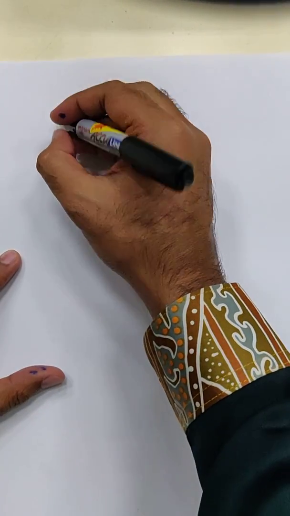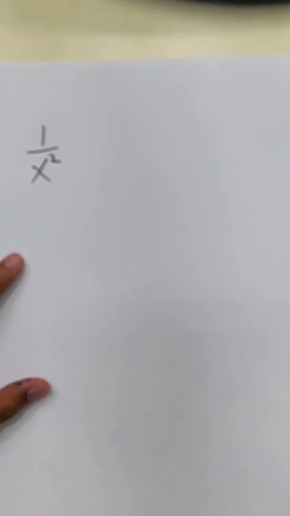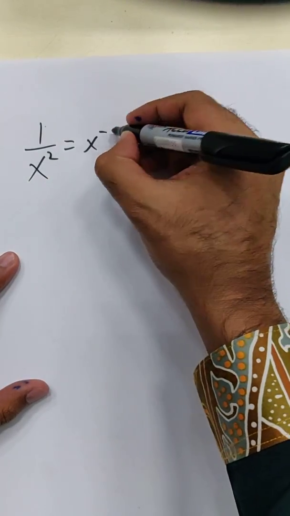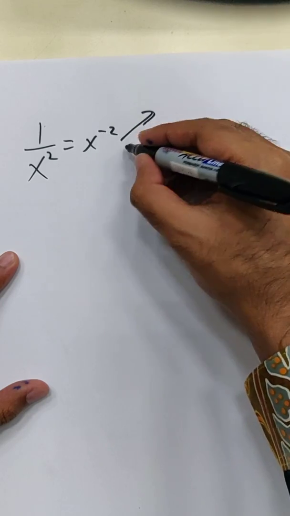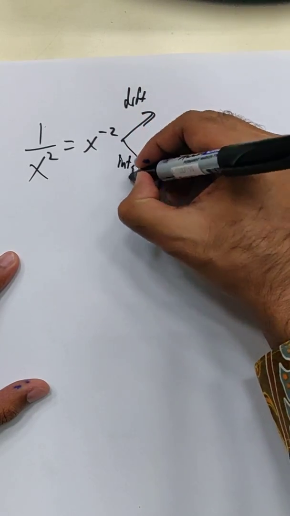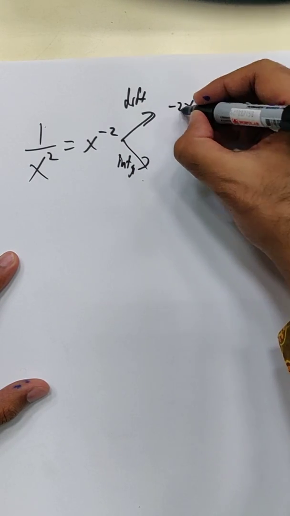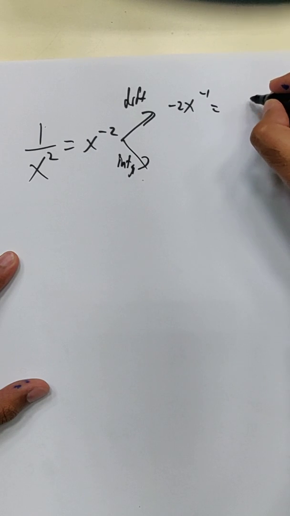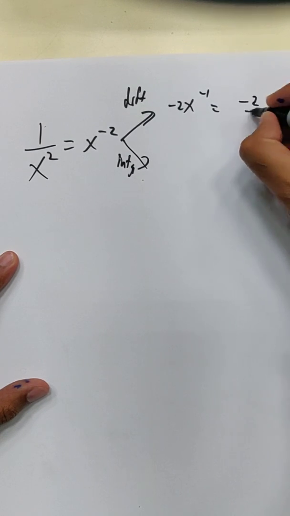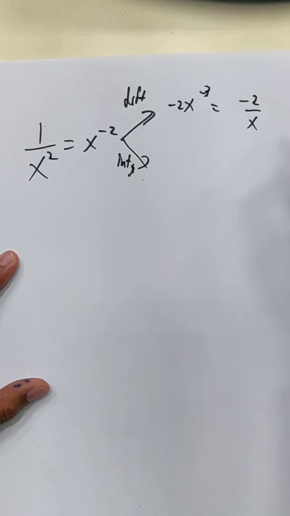Just a small recap. What about if I give you this? I can rewrite it as x to the negative 2, right? So from here, the differentiation and integration. For differentiation, I get myself negative 2, then negative 1, and I can rewrite it as negative 2 over x cubed. It's negative 3, yeah?